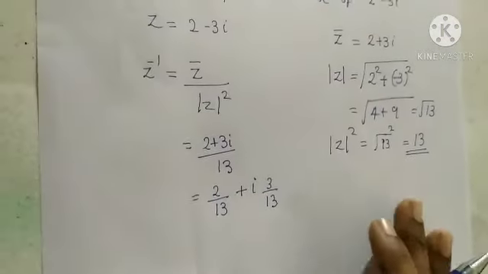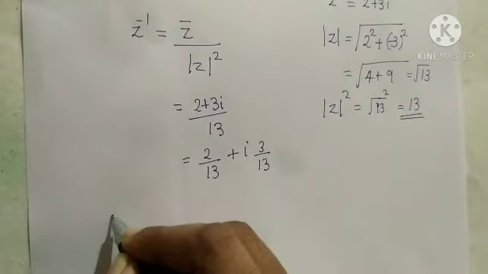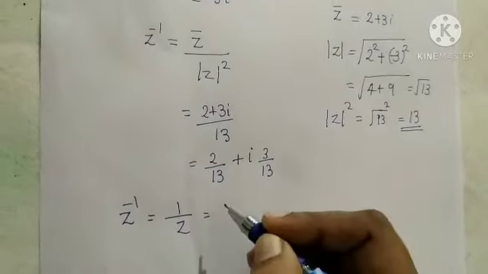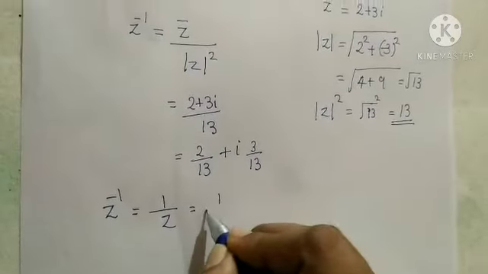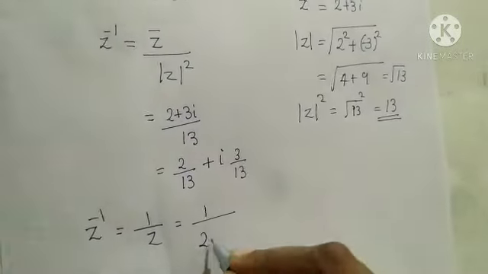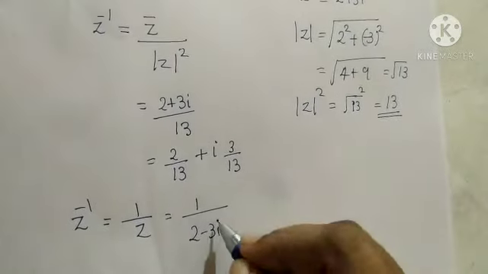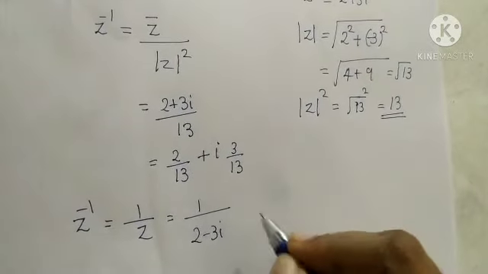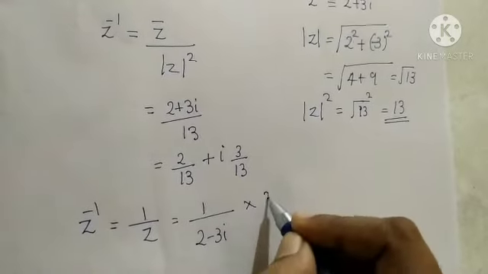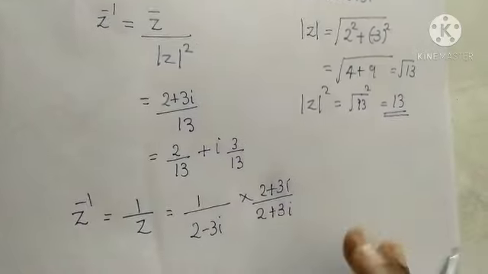The above working can also be reproduced in the following manner. z inverse is equal to 1 by z, where z equals 2 minus 3i. Taking the conjugate of the denominator, that is the conjugate of 2 minus 3i, which is 2 plus 3i, we multiply and divide by 2 plus 3i.